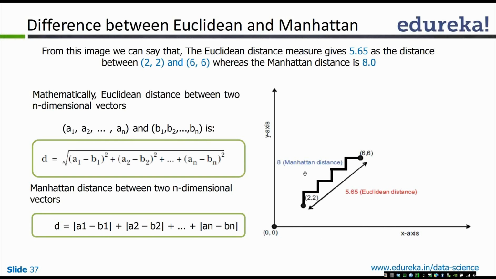In certain applications, or for certain data, this Manhattan distance makes more sense than computing a Euclidean distance. That totally depends on the application and the data. There's no silver bullet or one-size-fits-all kind of distance.